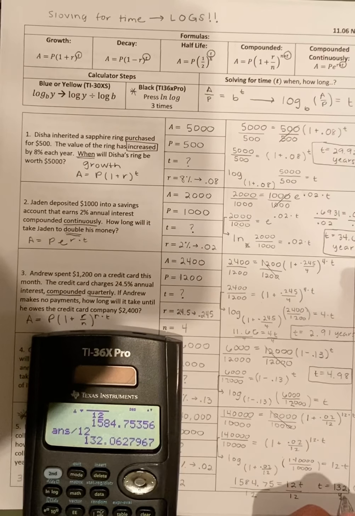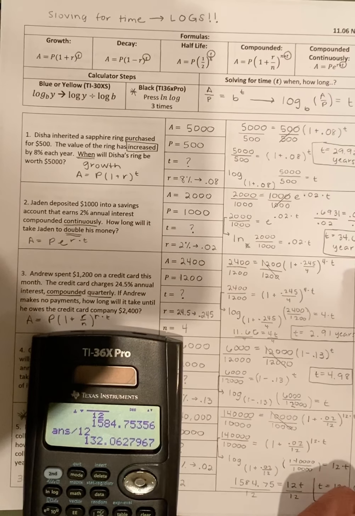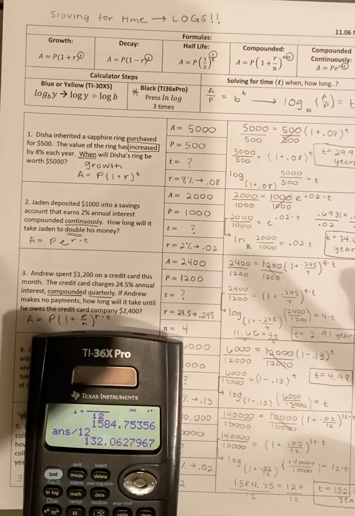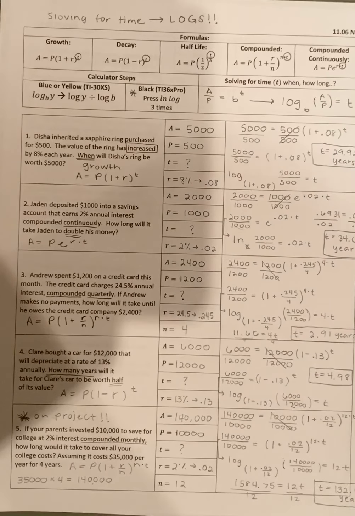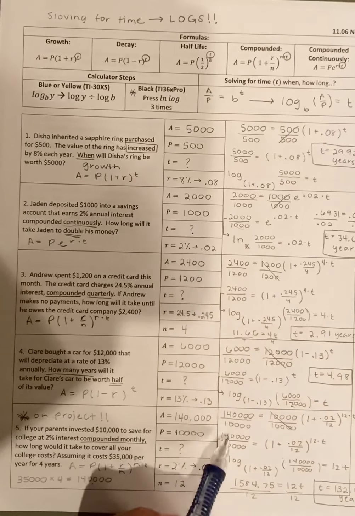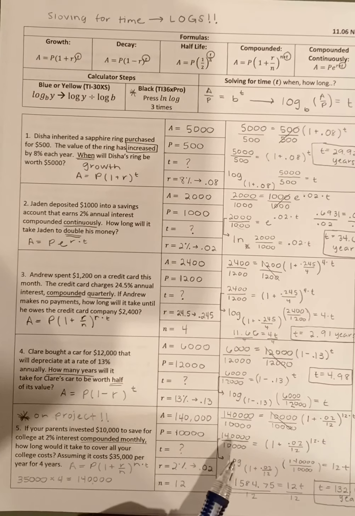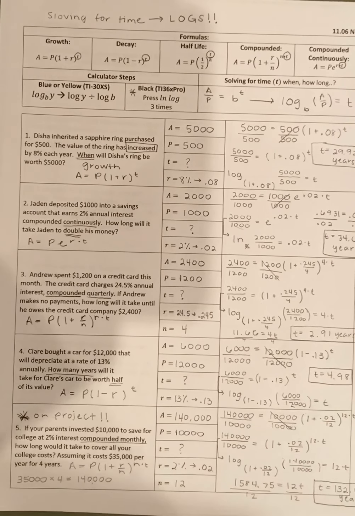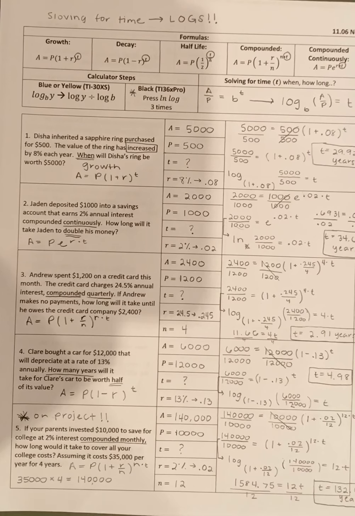So if they put $10,000 in the bank and they want to make $140,000, notice that's a huge jump. So that's a lot of money to be earning in interest. It would take them 132 years for that to happen.